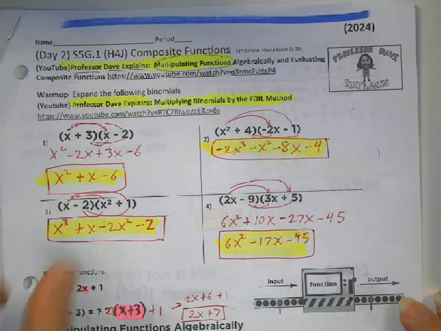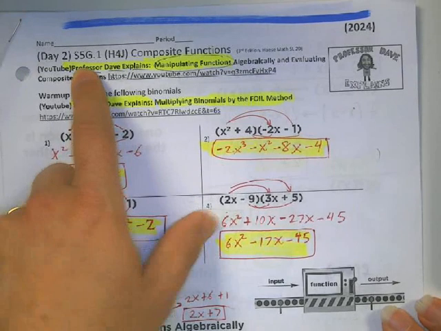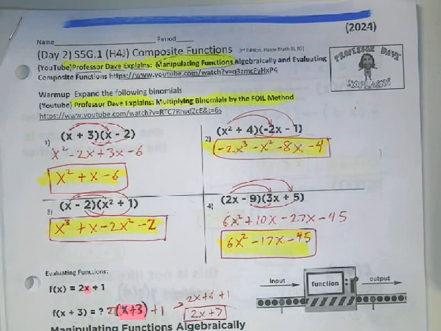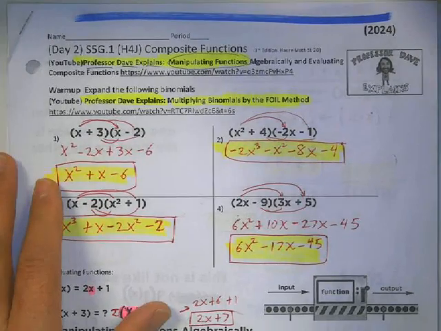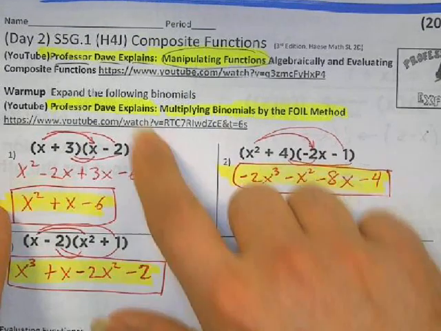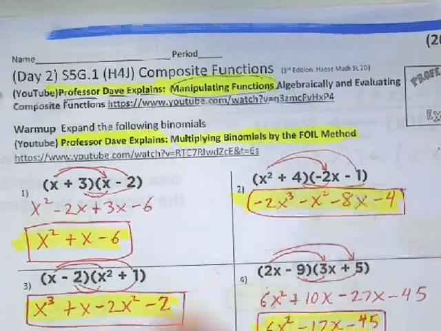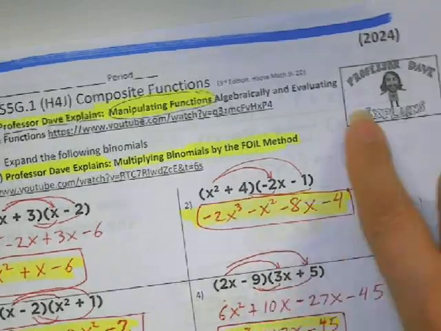Okay, so today we're going to talk about S5G.1 Composite Functions, and the first parts of this handout are explained extremely well with Professor Dave Explains. So these questions are exactly from his handout, and he does his little dance and then he explains his stuff.